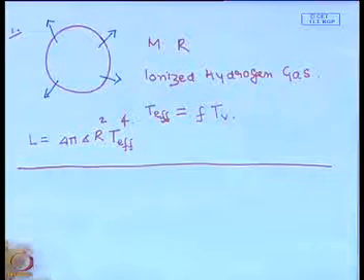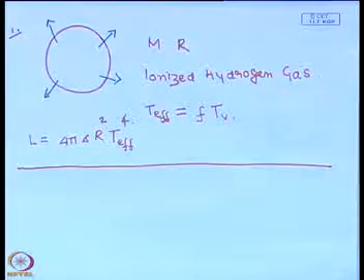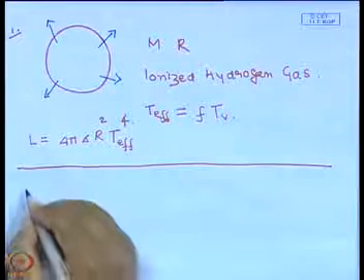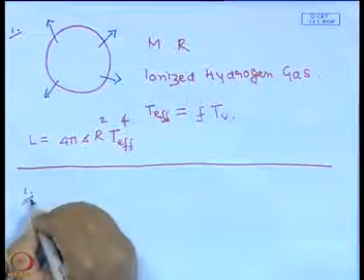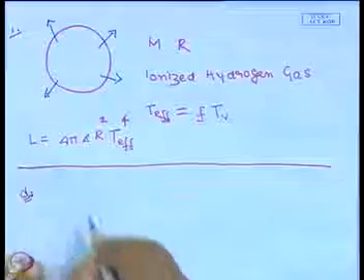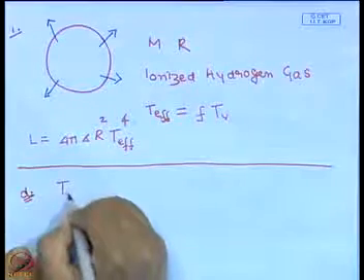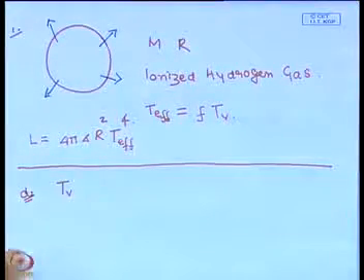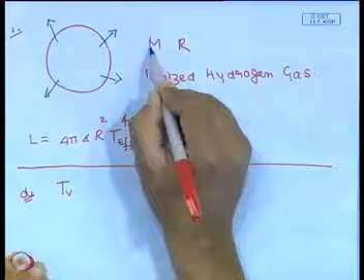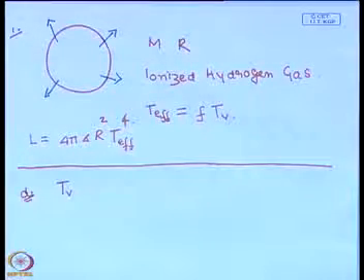The first part of the problem is to estimate the virial temperature of this object. Let us call it A. What is the virial temperature of this object? The virial temperature T v, and how does this scale with the mass of the object and the radius of the object?